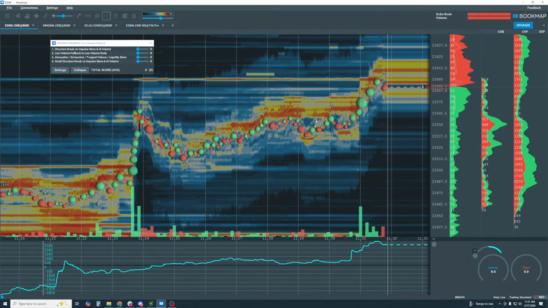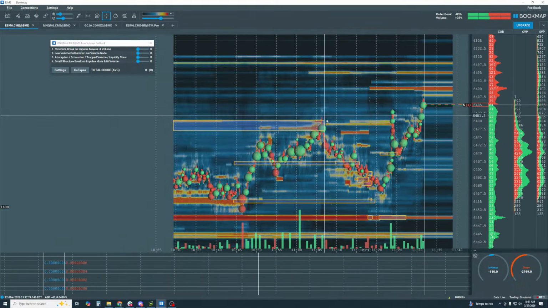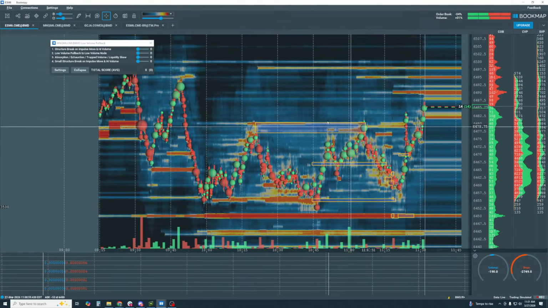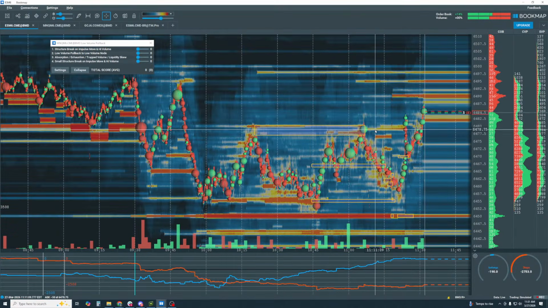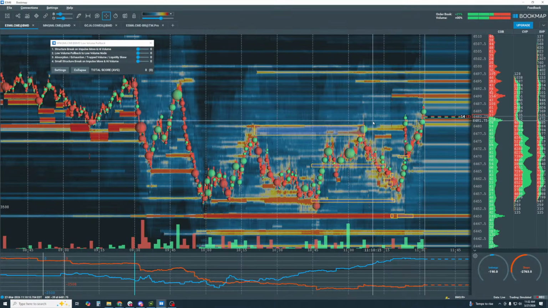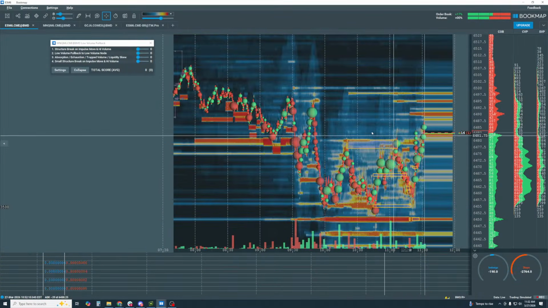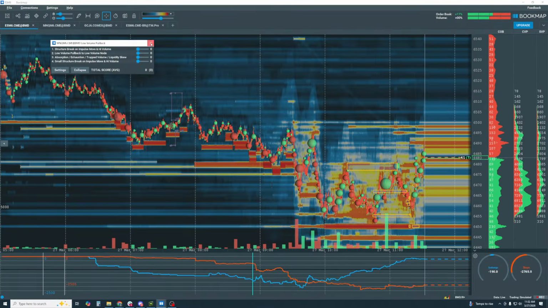Let's go back to the S&P on this one, and let's look at some key levels.